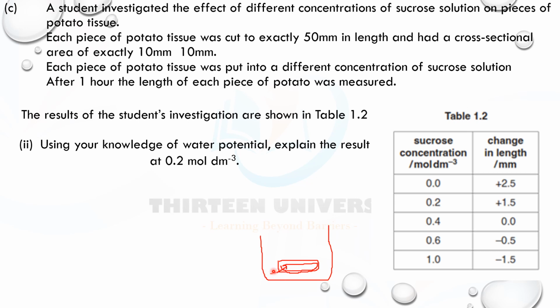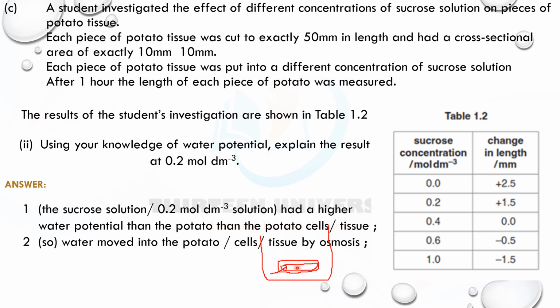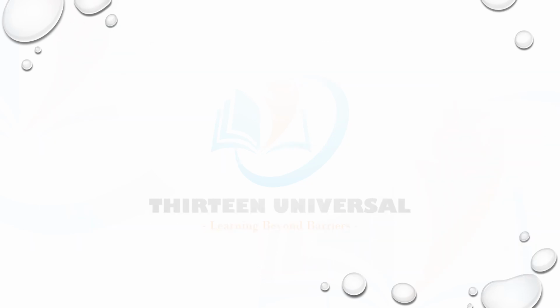So it has a less negative water potential. The sucrose solution had a higher water potential than the potato cell. So water moved into the potato by osmosis. That's what explains that. 2 marks.